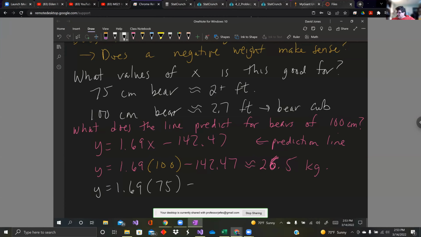I plug those in and I see what I get. I don't know if 26.5 kilograms is reasonable. I have no idea. But I know that negative 15.72 kilograms is not.